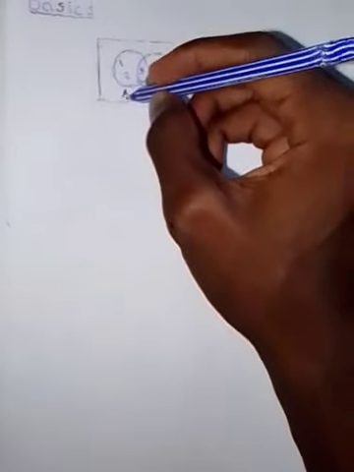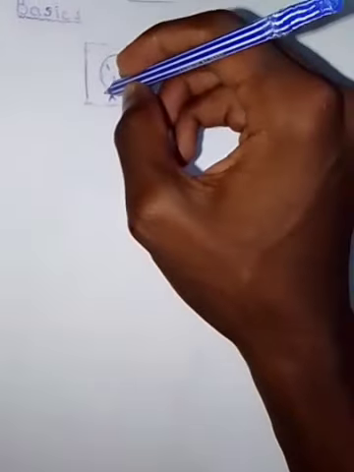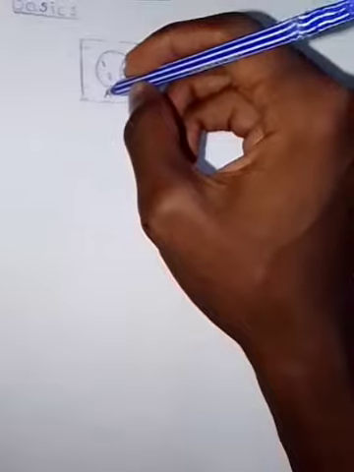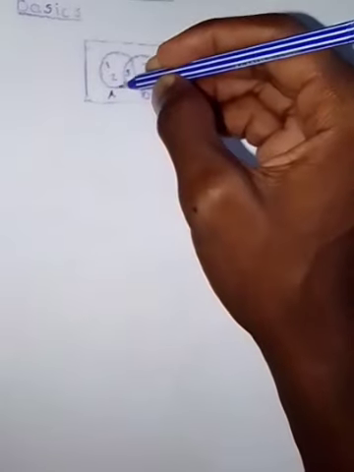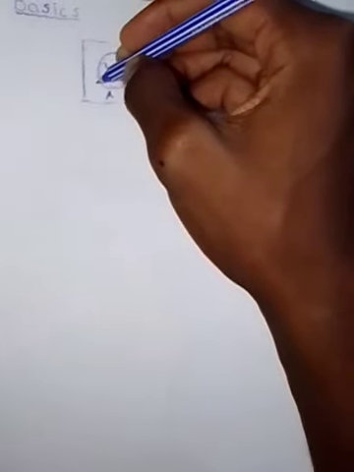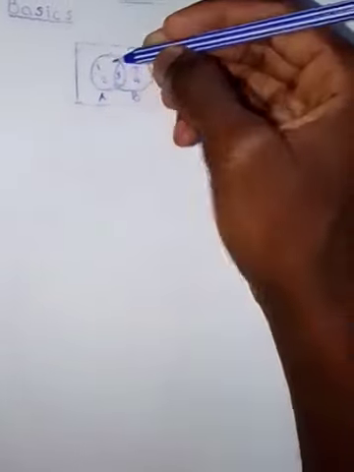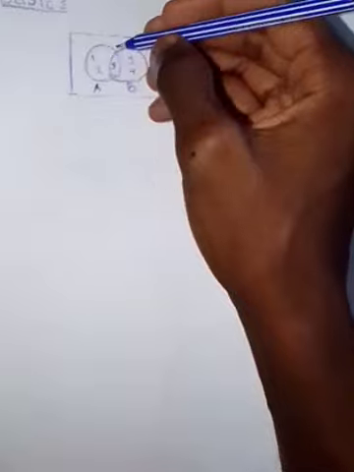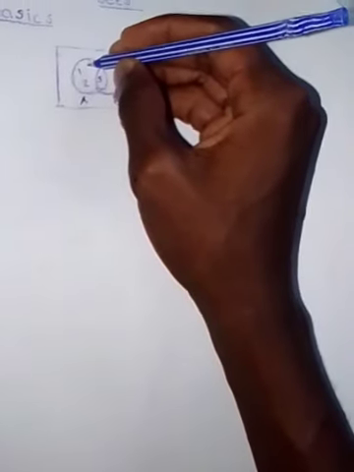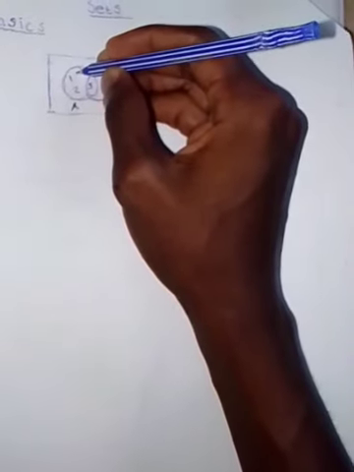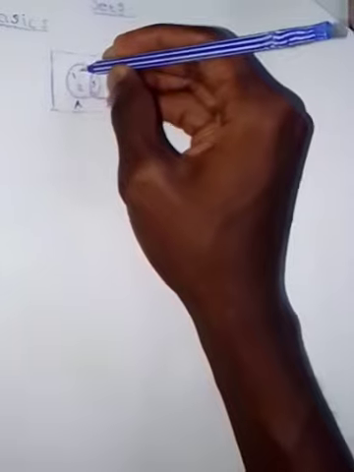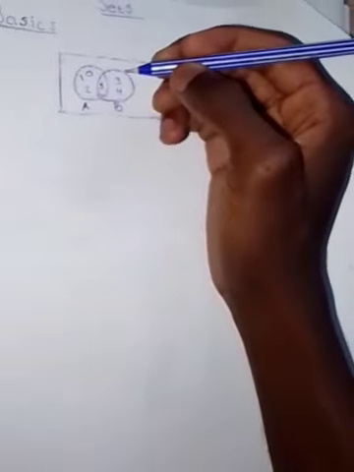When you're representing a set, the letter should be capitalized, and the elements, which are what the set contains, should be written in small letters. For example, if we had a member which is a letter like a, it would be a small letter.